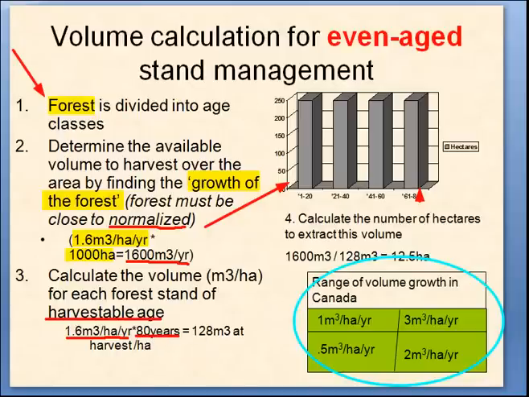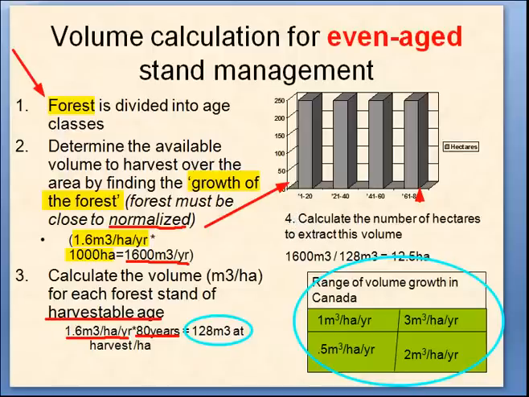So that means theoretically that stand has 128 meters cubed of volume at harvest per hectare. Then you would multiply by the number of hectares to find the total area, and that's what we do here.